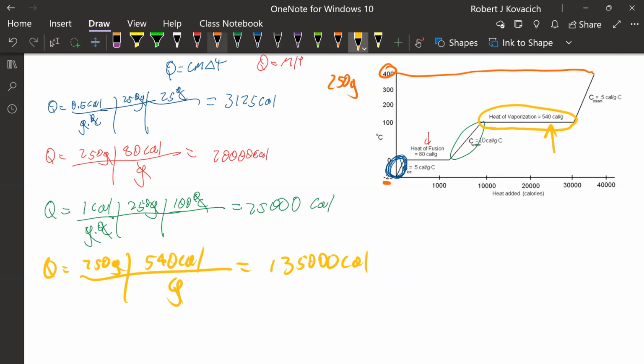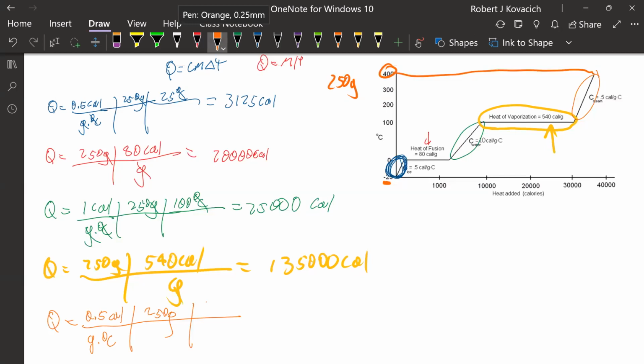And then the last piece here, we are going to raise the temperature of the now gaseous water from 100 all the way up to 400. So we're going to have to use the equation that's got the change in temperature in again. So Q equals, and then in this case, 0.5 calories, because we're talking about water as a gas, and its specific heat is half, and then still 250 grams.